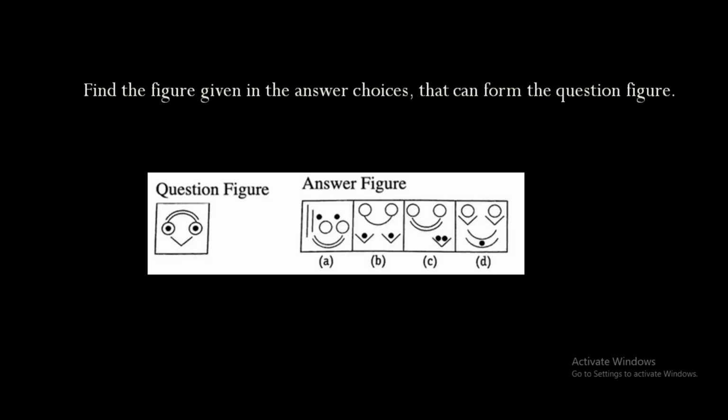Let's see the first one, my dear friends. Here the shape is already given. You should identify which elements are required. If you observe, we need two circles and two bend lines, horizontal or vertical, and two equal lines.